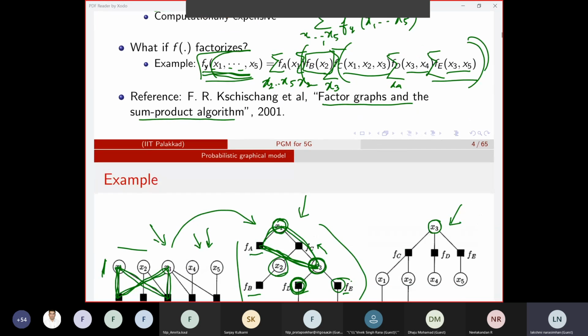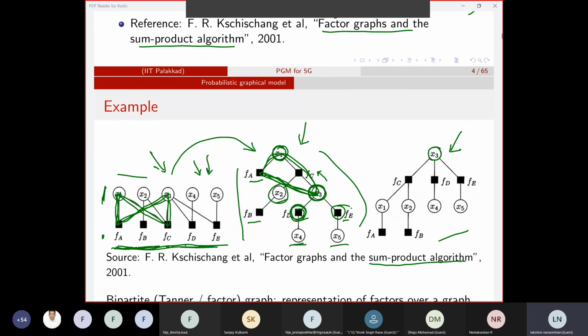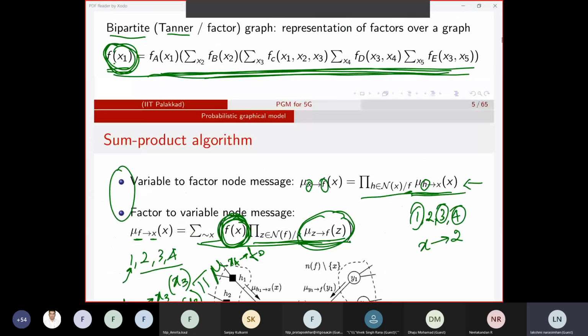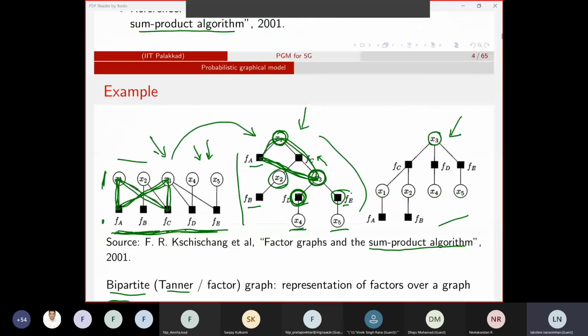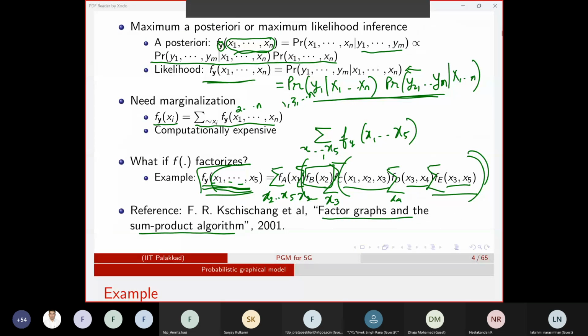From this objective function, we construct this factor graph. And over this factor graph, there are two simple rules of computing messages, and using these messages, pass them back and forth, and then at some point have some kind of stopping criteria to stop the messages. And from that, just perform this objective function calculation and perform the inference. That's all. This is a very simple algorithm.